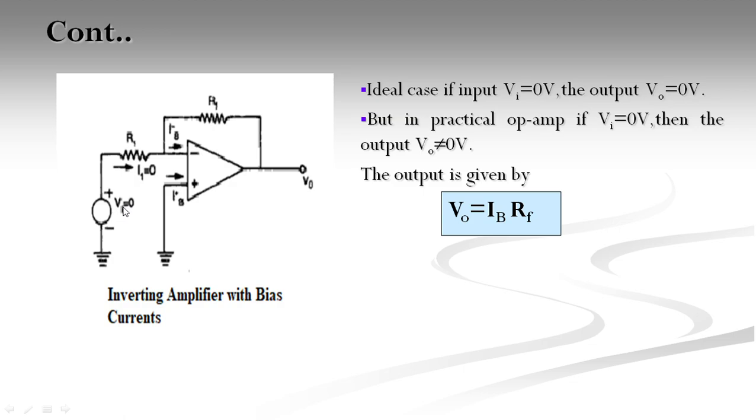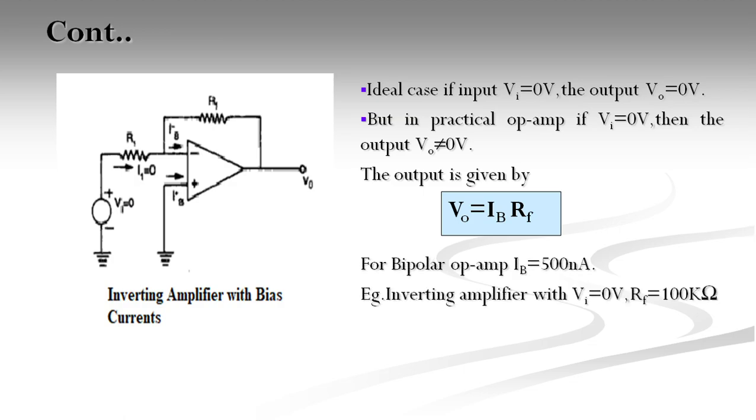So now we'll see this with an example. The manufacturer has specified that for a bipolar operational amplifier, the input bias current entering the terminals of the op-amp takes the value of 500 nanoamps. Now here we'll take the condition that the feedback resistor I'm going to use in the circuit is 100 kilo ohms and my Vi is zero.